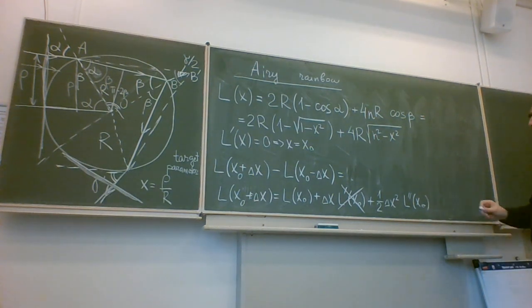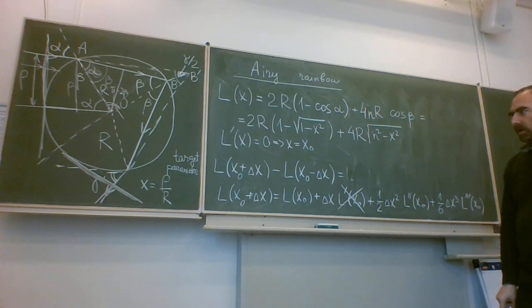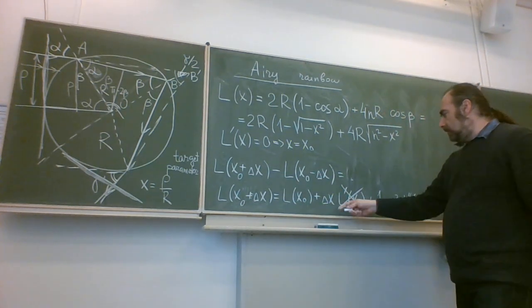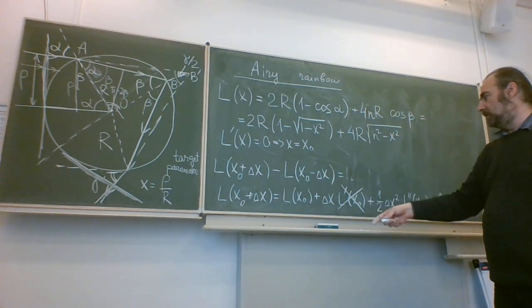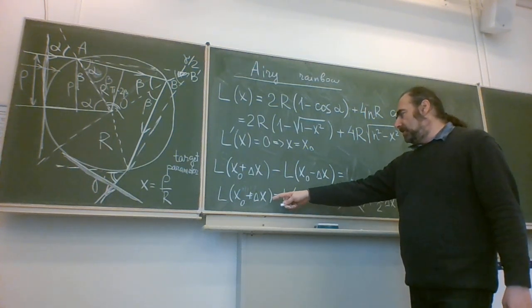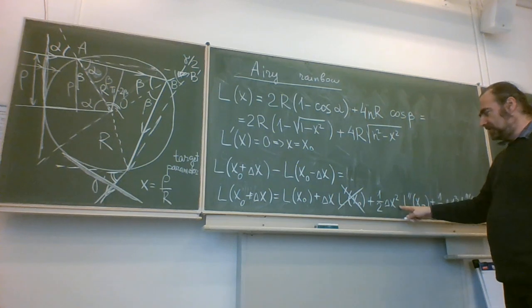And we will also need the next term, which is 1/6 delta x cubed times the third derivative of L at x naught. And now I see, if I take this difference, these first order terms cancel anyway. Zero order terms cancel because they are the same. Second order terms are the same.